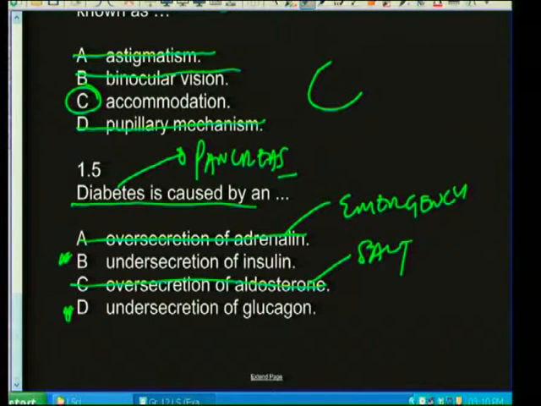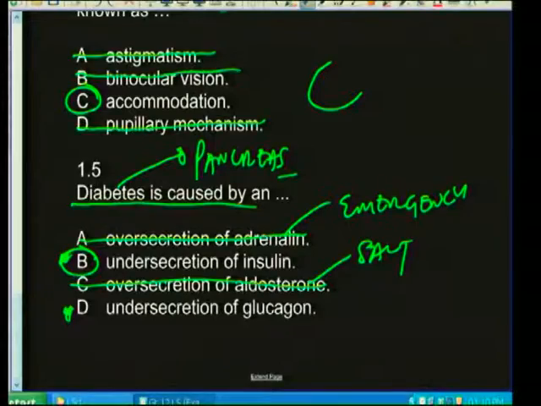Now, in a question like this, when they're talking about the under secretion of a hormone, diabetes is caused by this one here, an under secretion of insulin. It's B. Now, remember also there are two types of diabetes. Diabetes insipidus and diabetes mellitus.